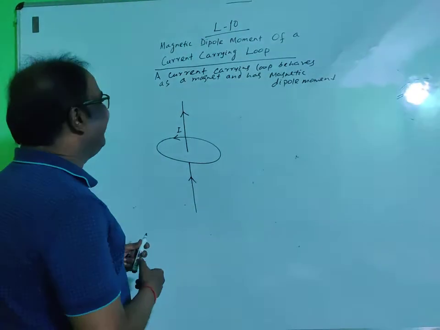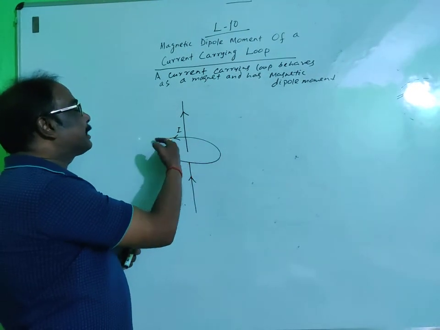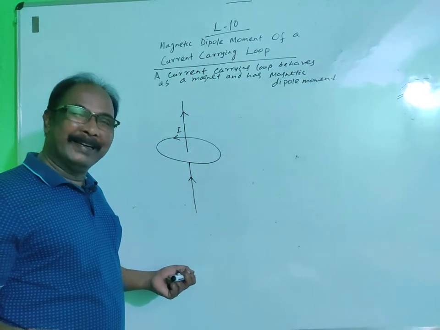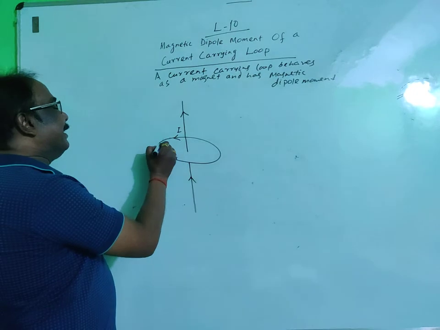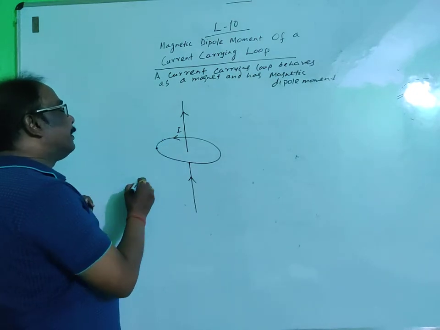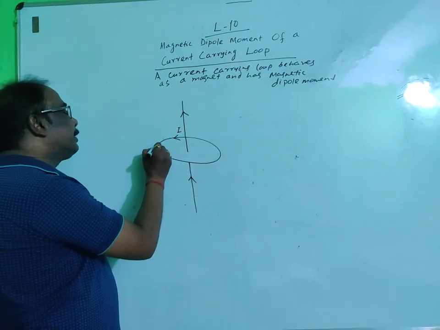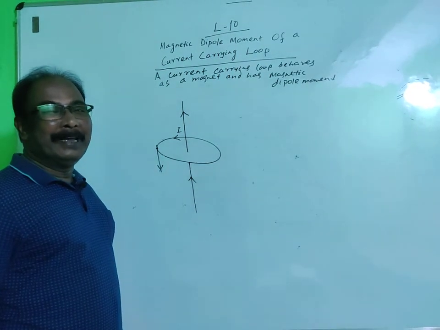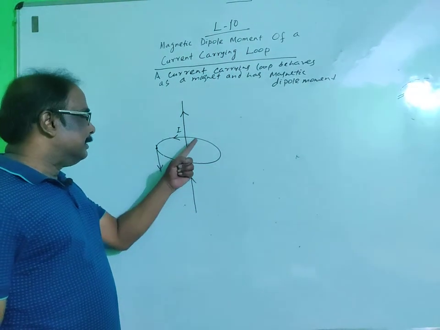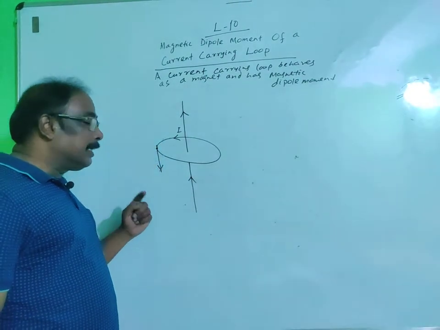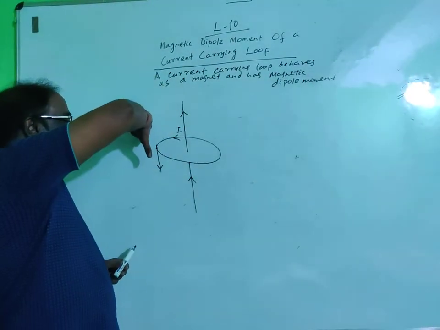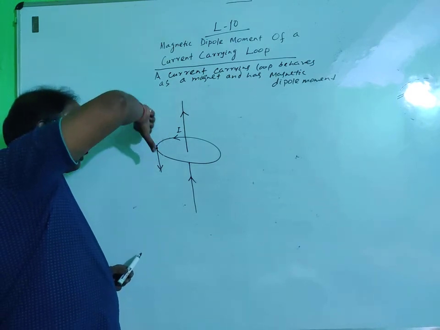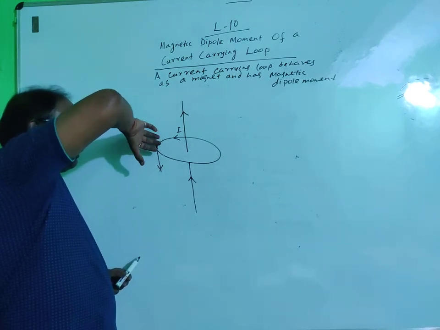Then at every point of this current carrying loop, you can represent the magnetic field. Suppose you are considering this point, then the direction of current at this point will be tangential. If current is flowing in a curved path, the direction of current at this point is along the tangent. Then along the direction of flow of current, keep your fingers and turn, keep your thumb and again turn.